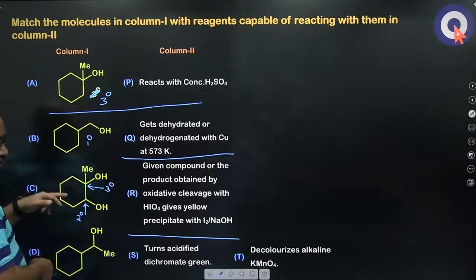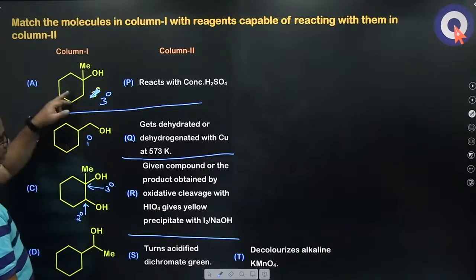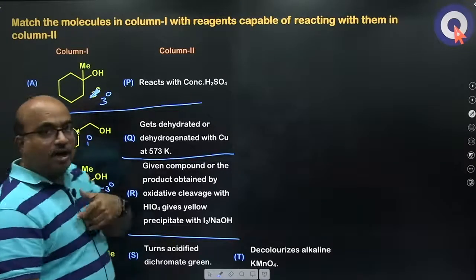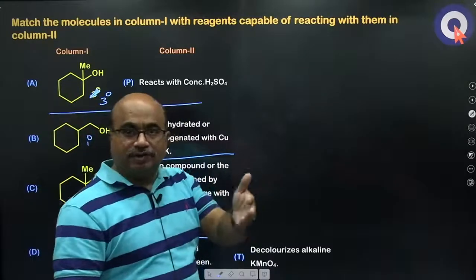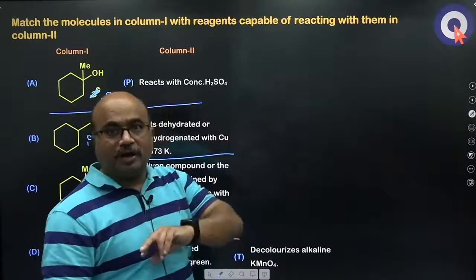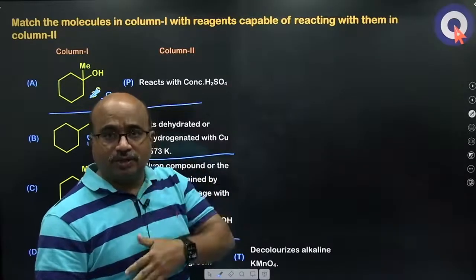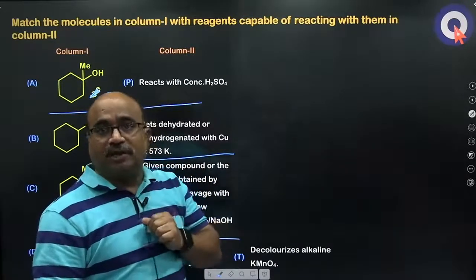HIO4 cleavage happens only in this case, because this is a normal alcohol. It is a glycol, or a carbon having OH and OH in adjacent positions, or vicinal diols, or C double bond O and OH, then the periodate cleavage can happen.